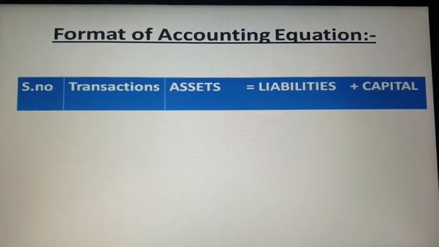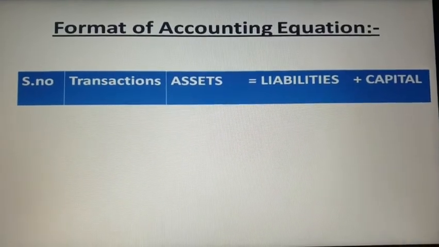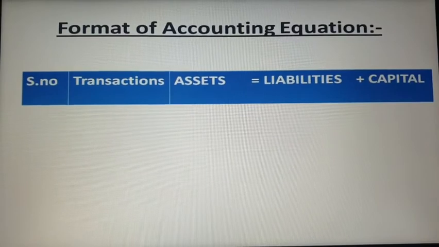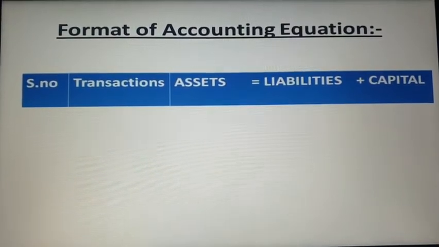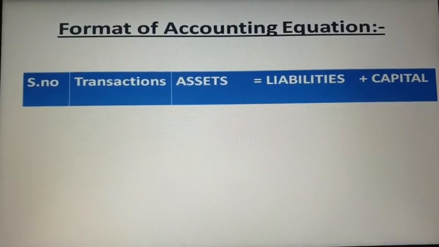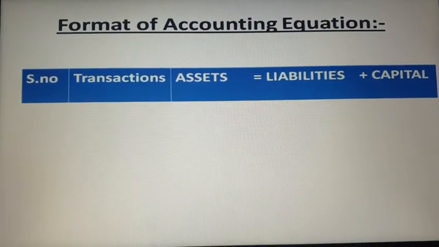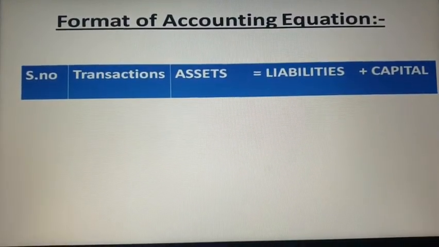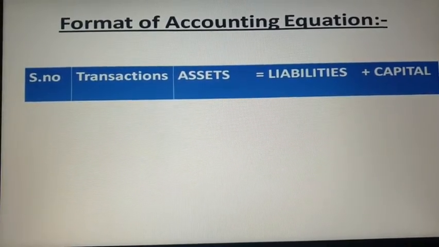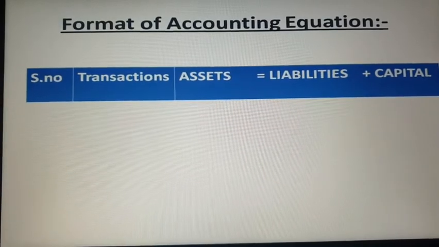Here is the format of the accounting equation. There are 3 columns here. The first one is serial number. After the serial number, you have to mention the transactions, that is which kind of transaction it is, like purchase of goods for cash or whatever expenses are paid by the firm. A number of transactions are there, that we'll discuss in the next video.